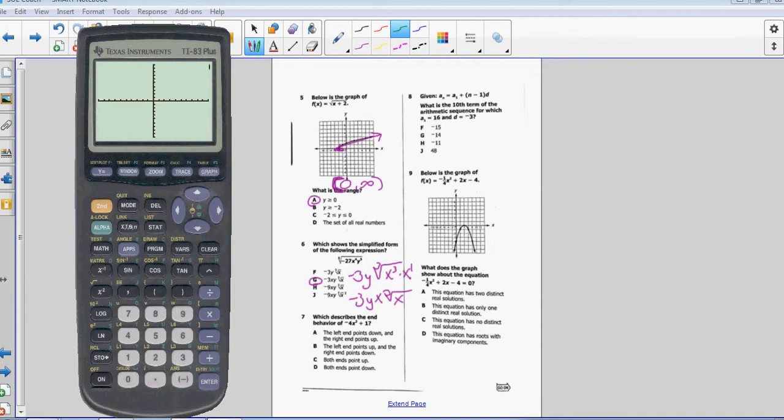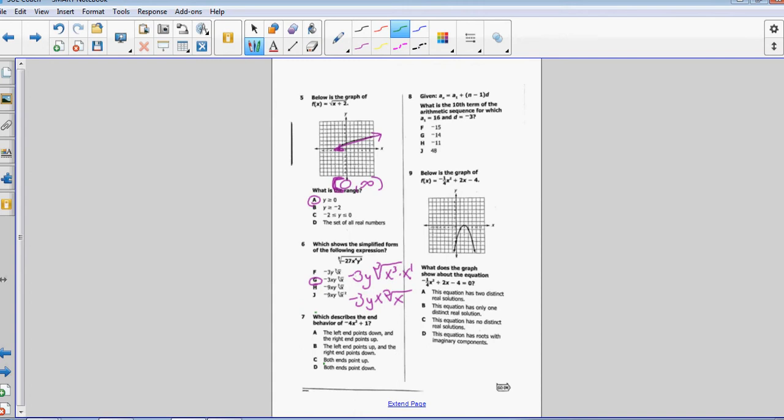And you graph it, and then you can see your end behavior here. They're describing it very generally, but let's see, on the left it's down and on the right it's down, so that matches answer D. So let's go back over here and choose answer D.